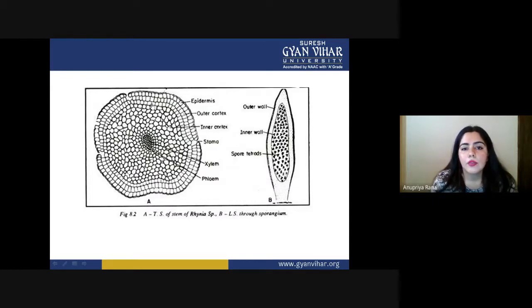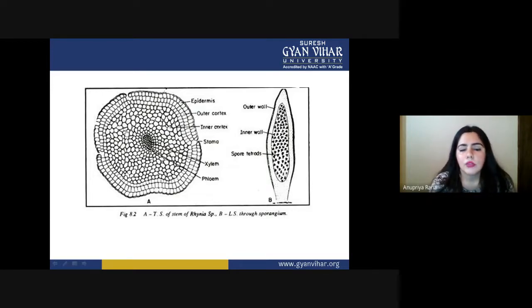And the innermost, that is the inner cortex, is slightly varying from the outer cortex. You can see the cells are a little scattered in comparison to the outer cortex. The outer cortex doesn't have any kind of cellular difference between cells. They are very compactly present, but they have little intercellular space in between.